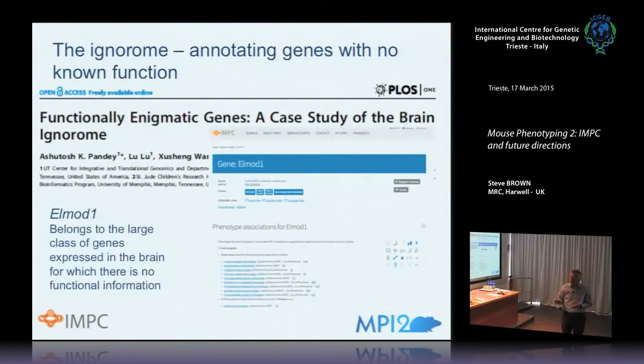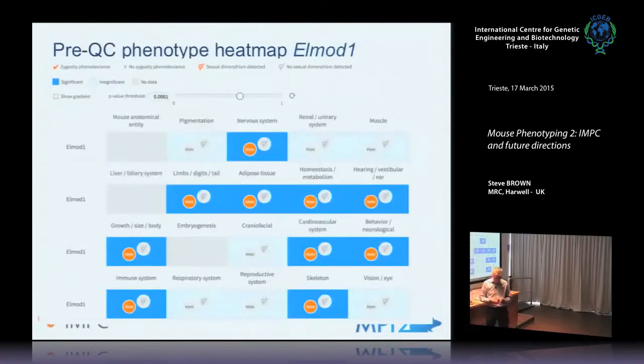So the LMOD gene belongs to the large class of genes expressed in the brain for which there's no functional information whatsoever. Now we have that information through IMPC. We're able to go in and look at all the various phenotypes, including neurological phenotypes that might be related to its expression in brain. So just to come back to this heat map for LMOD1 on IMPC, you can see that there are nervous system phenotypes.